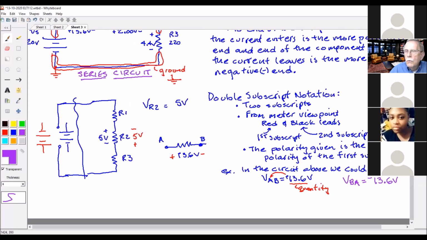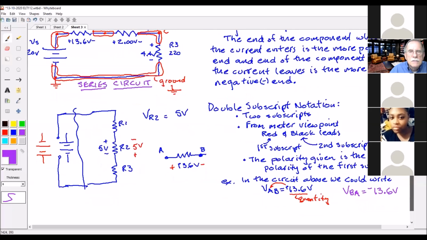So what I'd like you to do is define the voltage across R2 using double subscript.